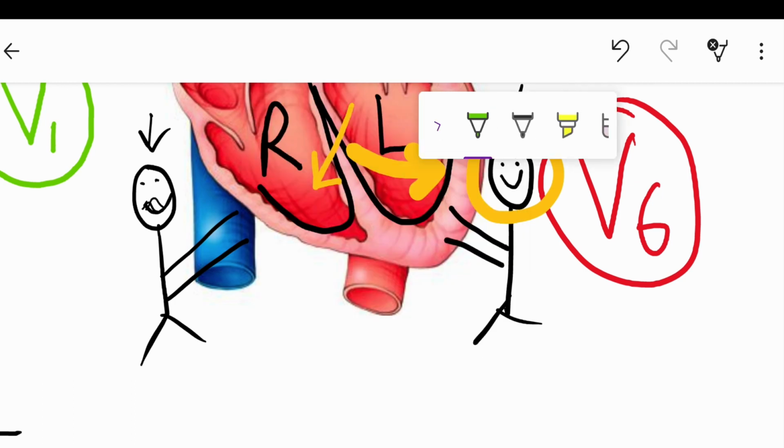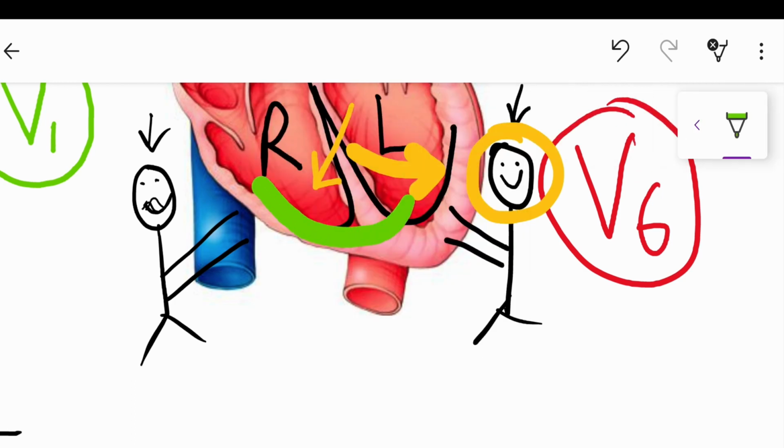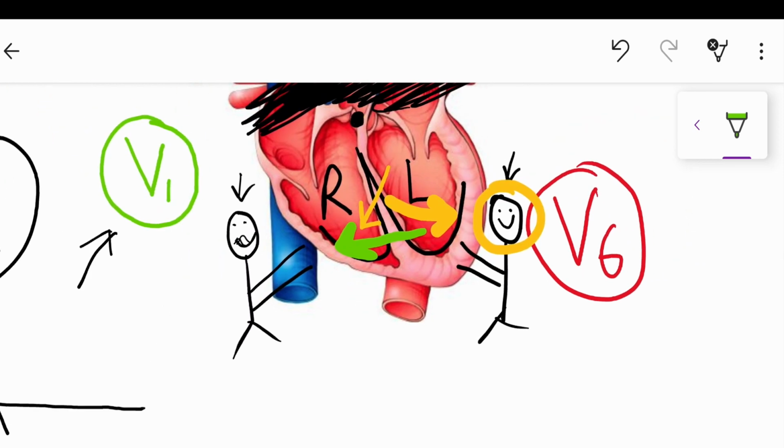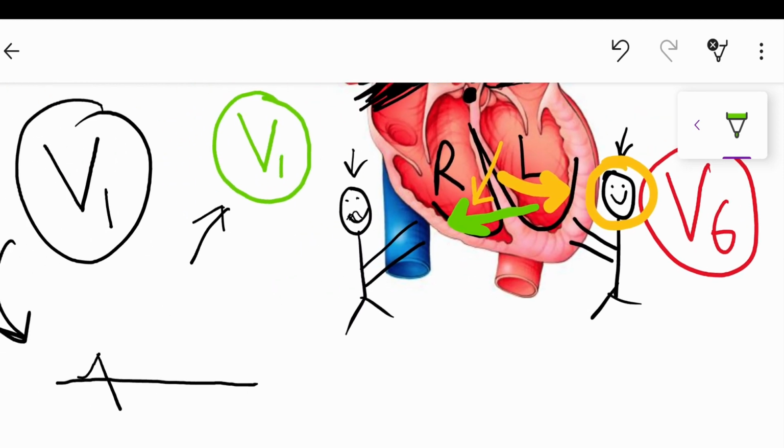So this guy, he basically agrees. He gets his impulse back. What's gonna happen if a wave moves towards its perspective lead? We're gonna get a positive deflection. Alright, then everything comes back to normal. We repolarize, and that is your V1 perspective of right bundle branch block.